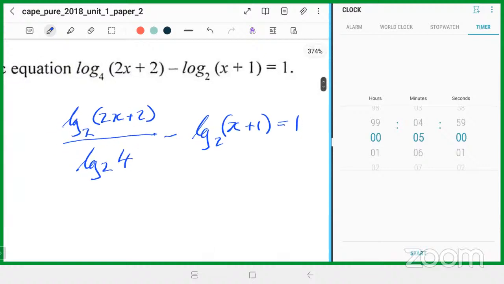Now, this under here is just equal to 2, because this 4 is the same as 2 squared.